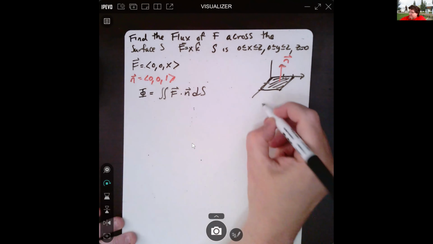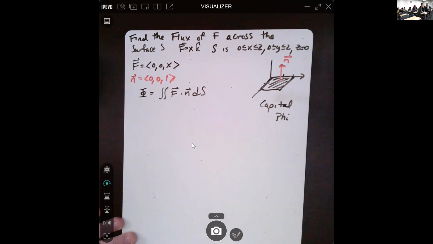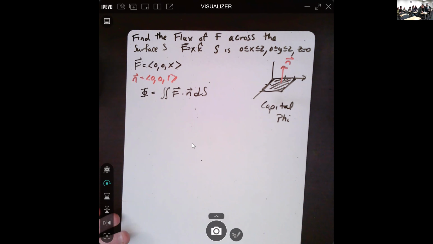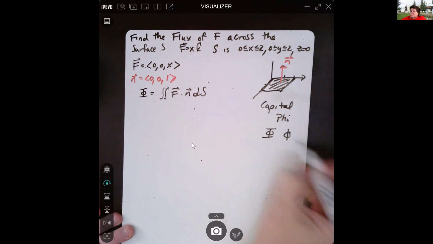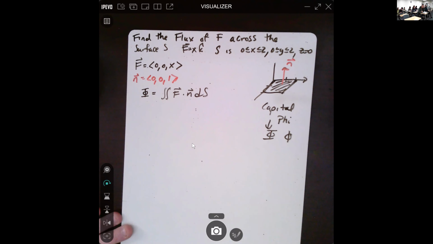I believe it's capital phi. Capital phi? Really? Oh, now that I think about it, yes. Doesn't it look real similar to phi? Yeah, I can see what you're talking about.